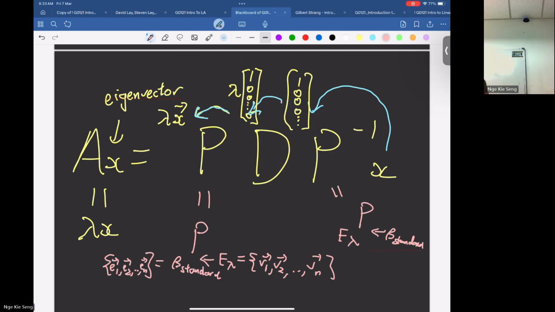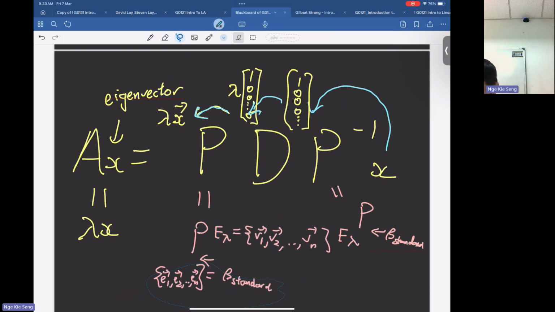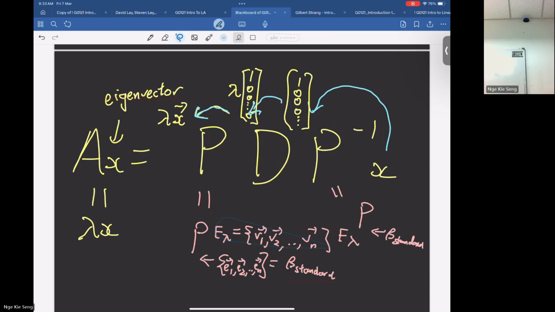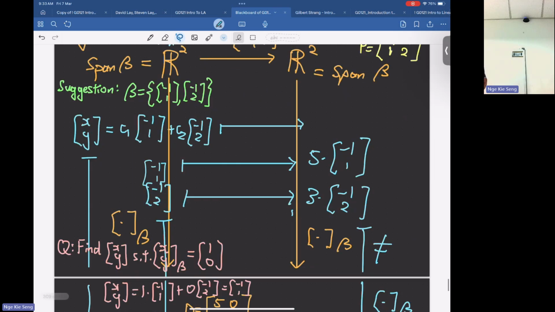Okay, is it correct or not? Let me think. It's the other way around, because we send the standard basis to, yeah. Okay, so let's think about this first.